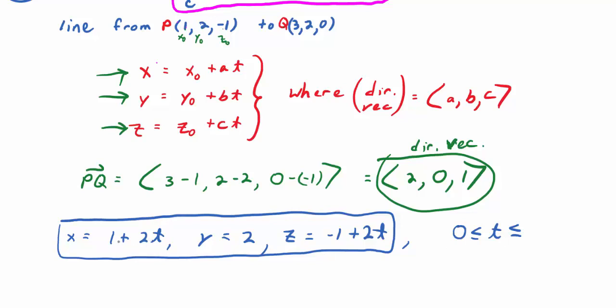You plug in 0 here, you get the 1. It doesn't matter what you plug in here, you get 2. You plug in 0 here, and you do get the -1. And then, what's the upper limit on t to produce Q, 3, 2, 0? 1. You can see that if you plug in 1 for t, you get 3, 2, 0. Okay?